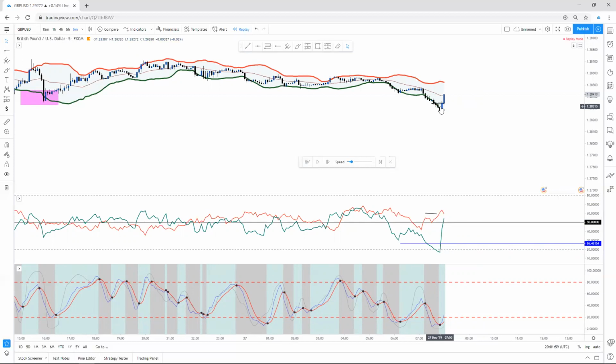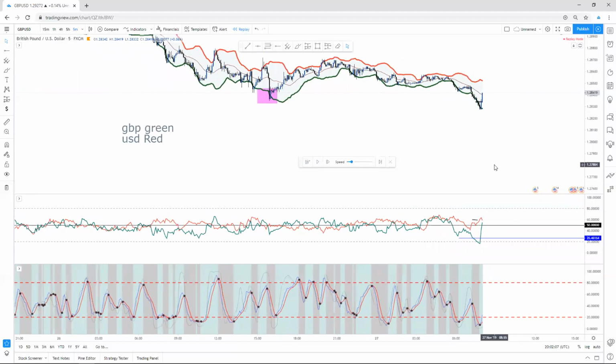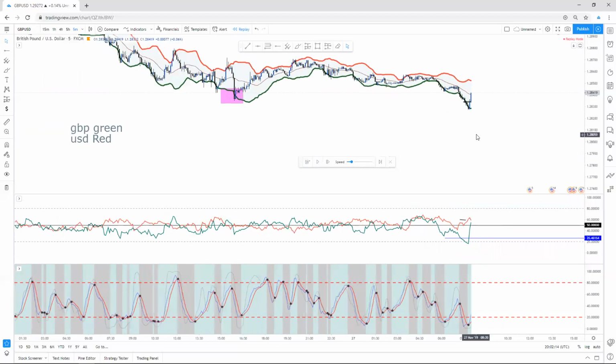We could definitely enter on that because of the way that GBP gained strength. Remember, in the market there's nothing 100%. There's no strategy 100%. But this one kind of beats the odds, because most of the times that this happens, the market pushes in that direction.